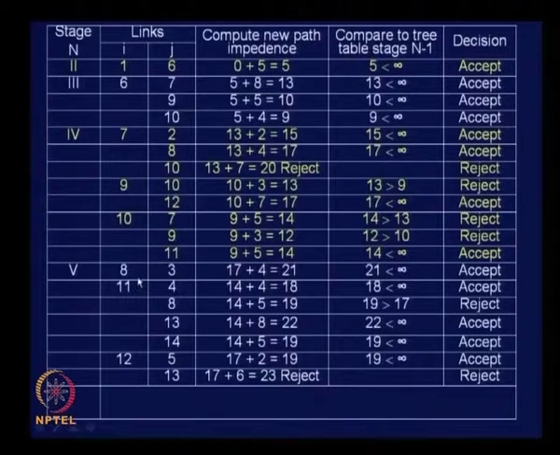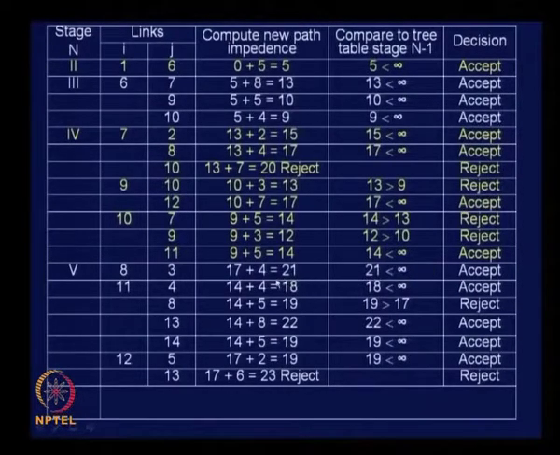So, from 8 we proceed to 3, the cumulative travel time already to 8 is 17, the 8 to 3 travel time is 4, the cumulative time is 21 to reach out to 3, it is less than infinity. So, we are accepting.